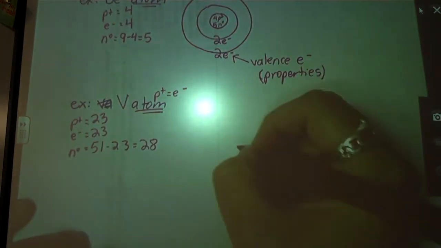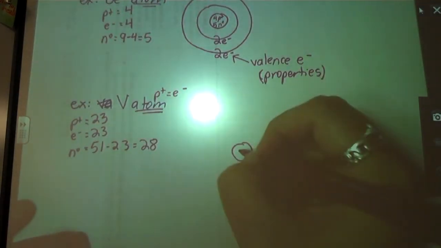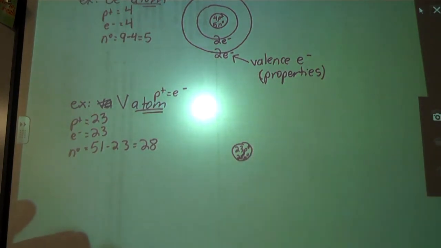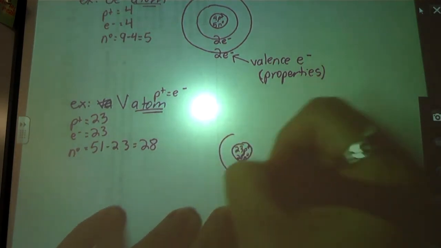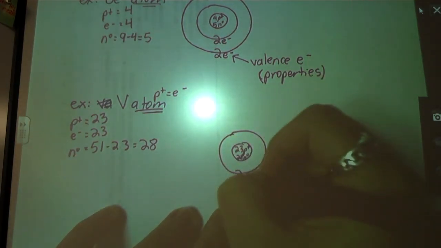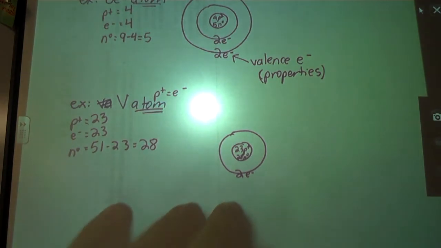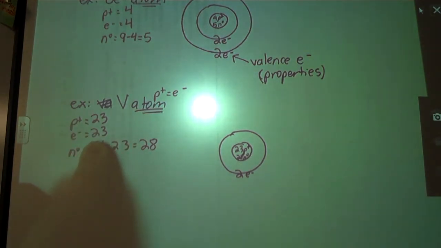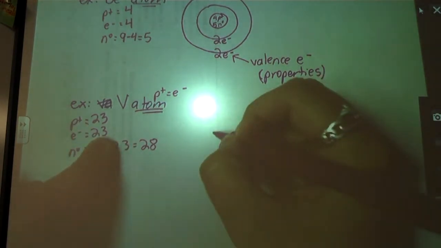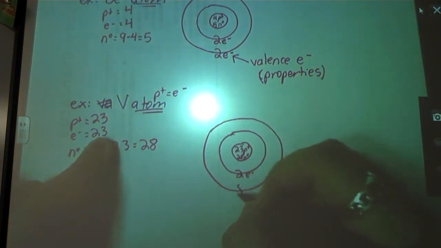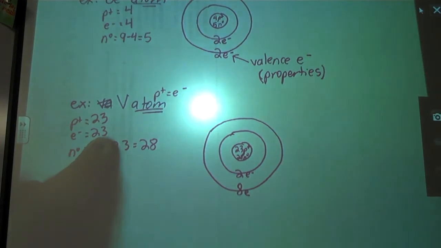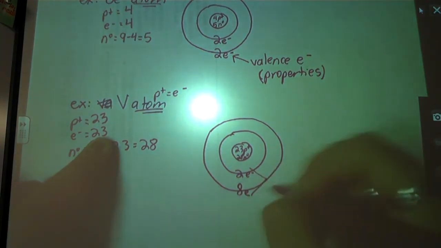So here we go. Protons and neutrons in the middle. 23 protons, 28 neutrons. Let's start in on the rings. First ring can only hold 2 electrons. That ring is full, but I gotta keep going. I gotta get up to 23. Second ring can hold 8 electrons. So let's see, so far I've placed 10.